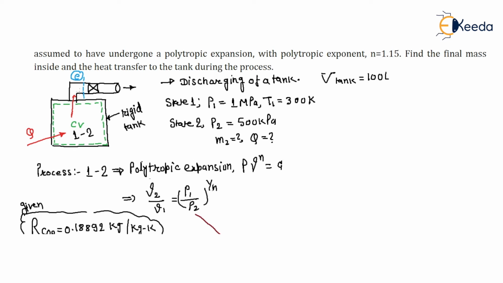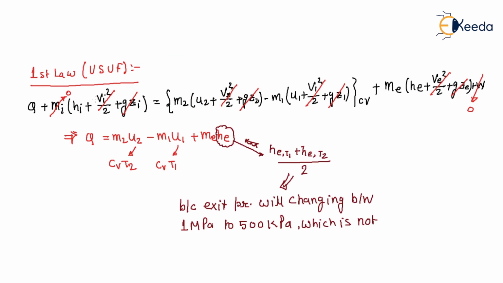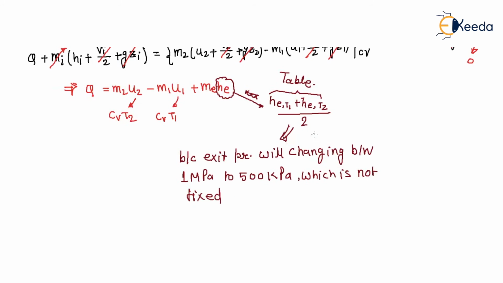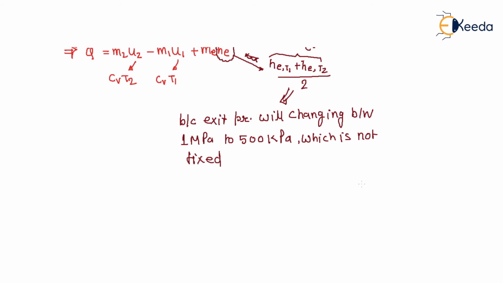So the exit enthalpy is at which pressure? We have no knowledge, because the exit pressure will change continuously. So it is a good approximation to take the average value of HE at T1 and HE at T2, from the table, right?